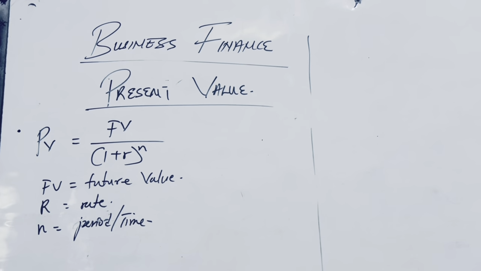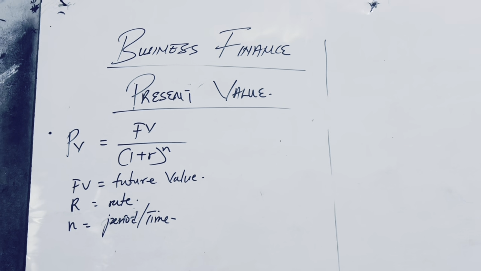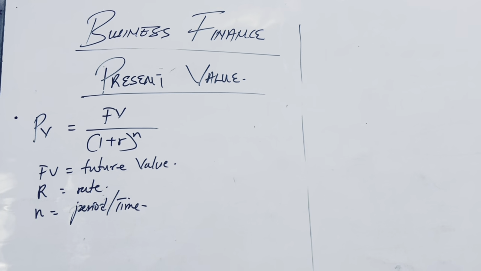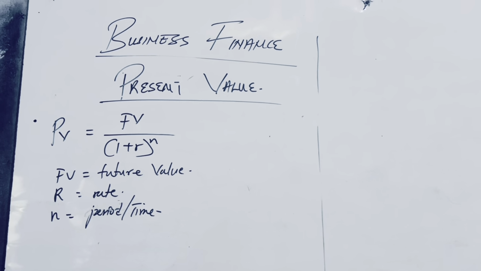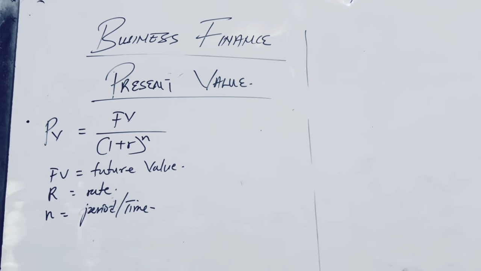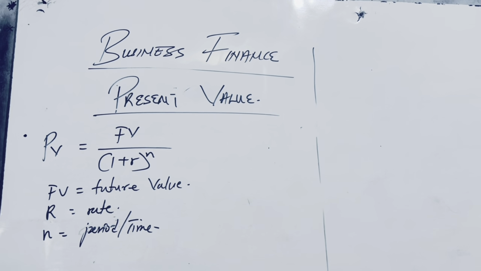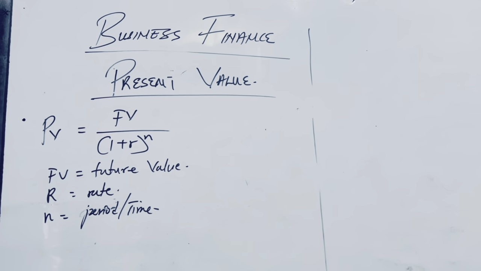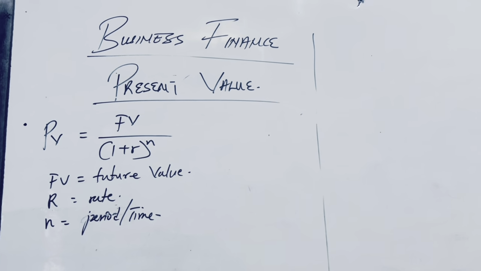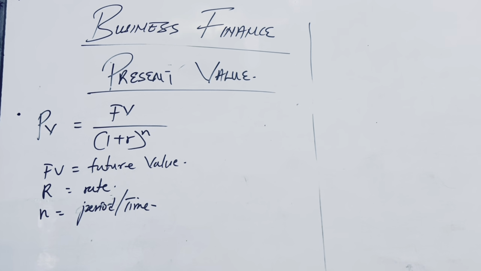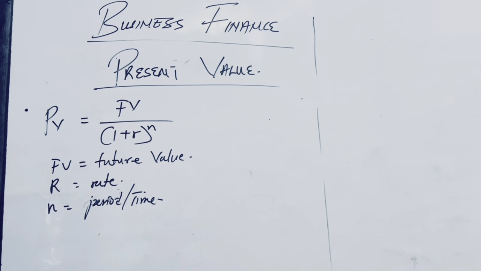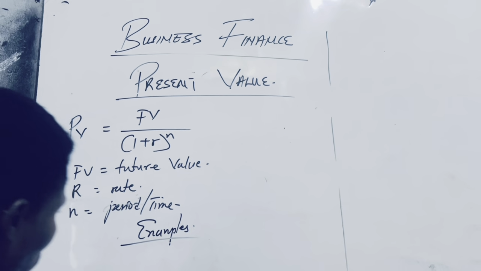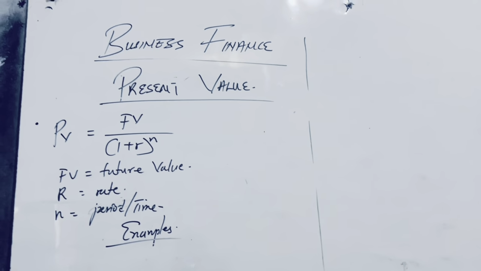This calculation is going to tell you the amount of money that you are to deposit each year or invest in order to get that 20,000 you need in the future, that is, at the end of the 5 years to buy your car. So that is present value. Now we'll look at a few examples so that we know how to compute present value.